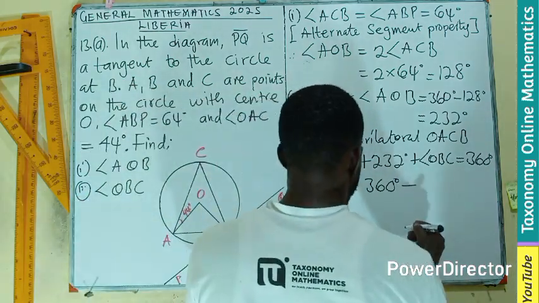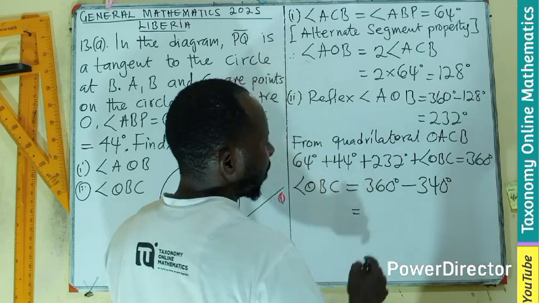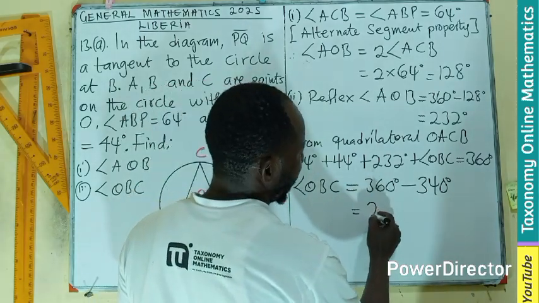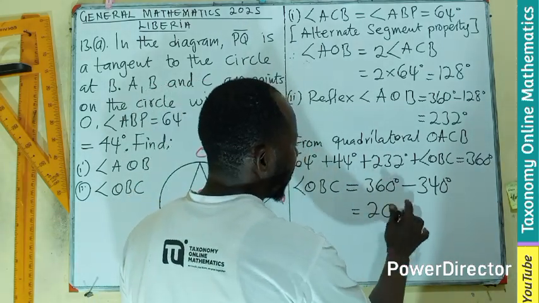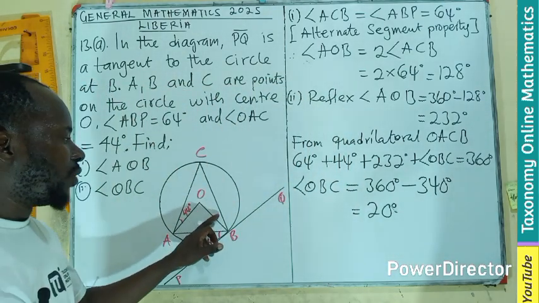That sum is 340 degrees, and when we subtract that, we are left with 20 degrees. So the value of that angle is 20.